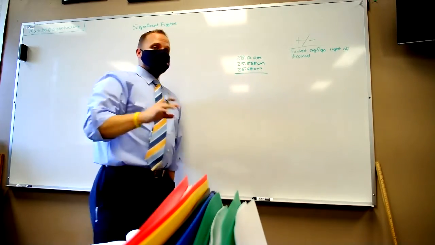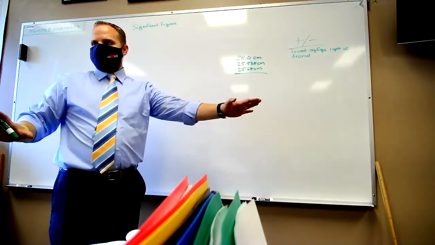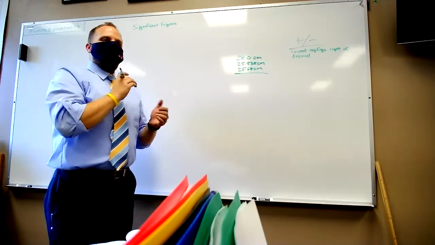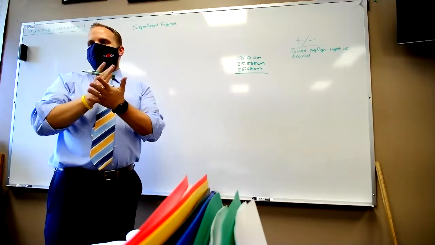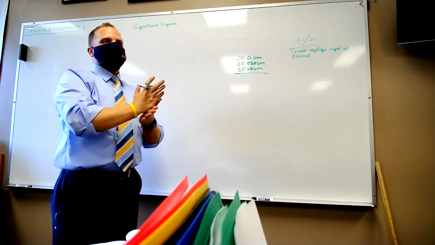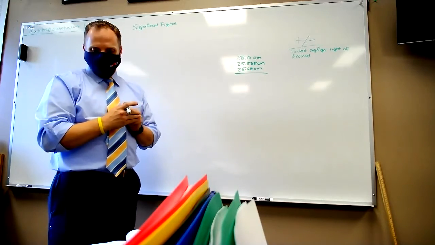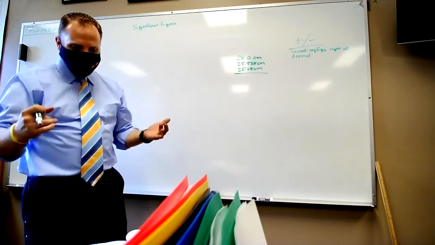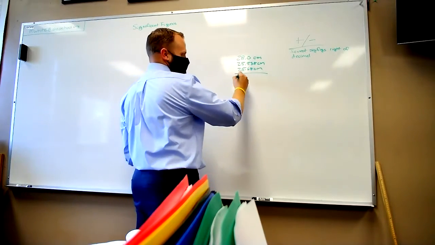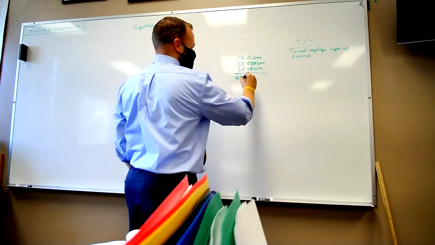Okay, so here's the rule. Do all your math before any rounding, okay? Do all your math before you do any rounding, all right? If you round too many times, it just introduces error. So we do this math, and we just put it in the calculator, 77.218.